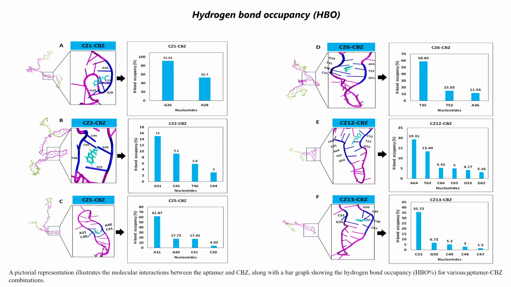Especially the hydrogen bonds have a crucial role in aptamer recognition. That's the other interaction. So we track the hydrogen bonds. As you can see, after 100 nanoseconds, we got this binding region. The small molecule, the carbendazim, interacts here, and we zoom in, and these are the nucleotides which show the high hydrogen bond occupancy.